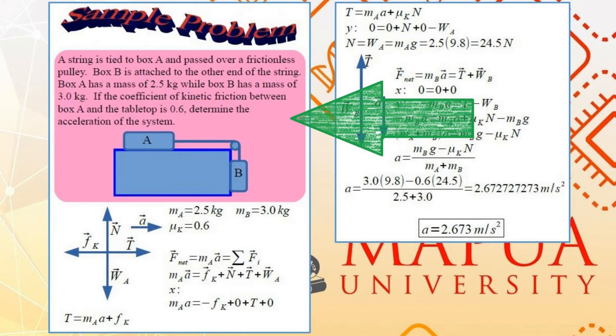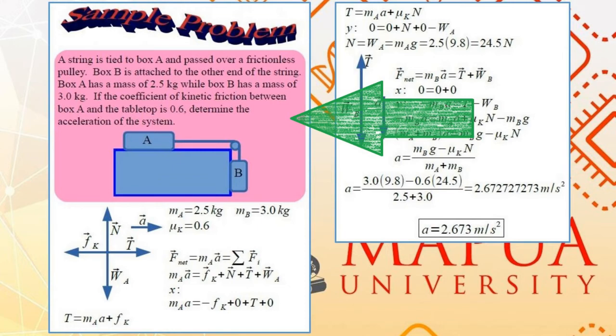So moving now to the next problem. You have a string tied to box A and passed over a frictionless pulley. Box B is attached to the other end of the string and suspended from the pulley as shown in the figure. Box A has a mass of 2.5 kilograms while box B has a mass of 3 kilograms.